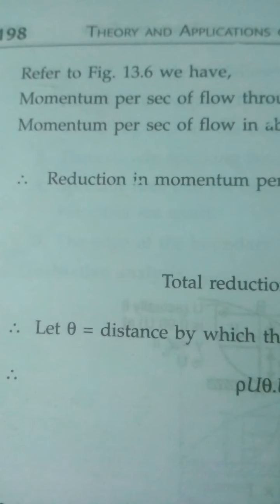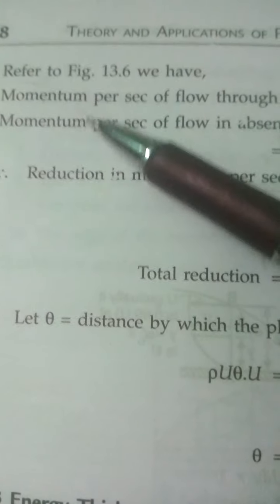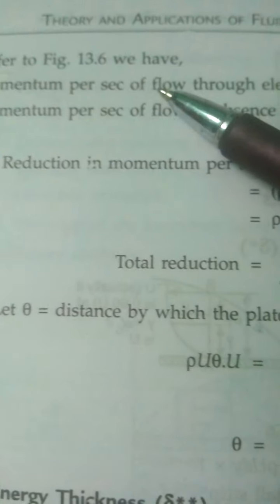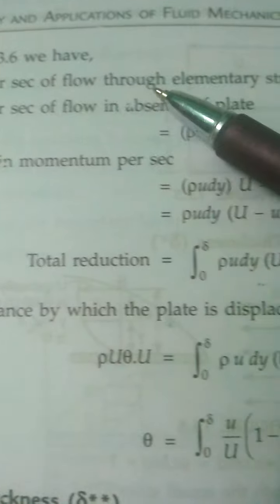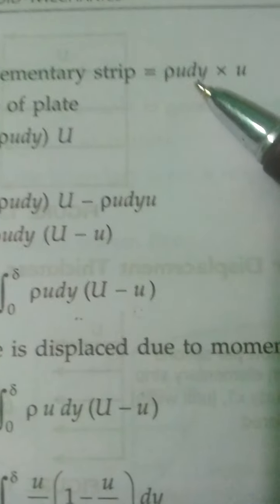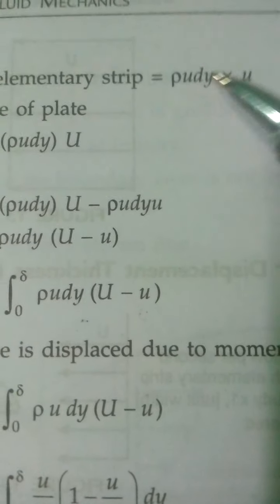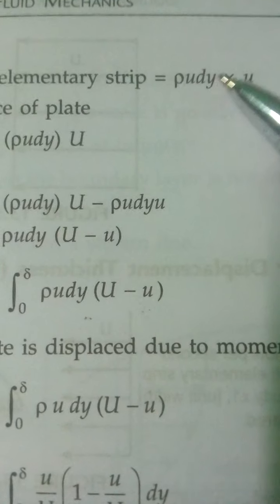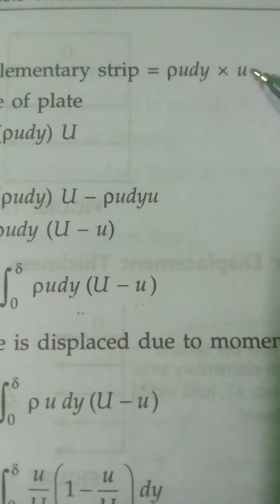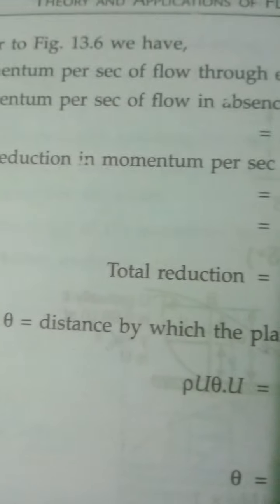Now it is in that figure 13.6, the main figure. The momentum per second of flow through the elementary strip, the strip which I have shown, is rho u dy into u. This is the mass per second into the velocity. So mv will be the momentum, of course, per second.